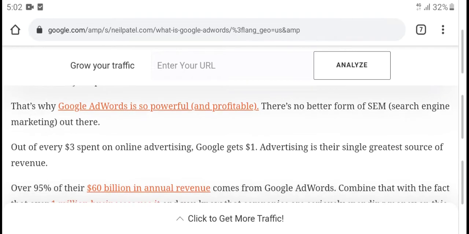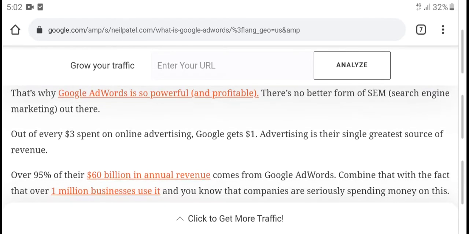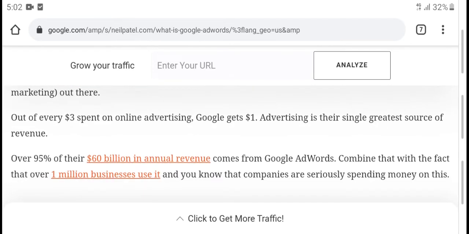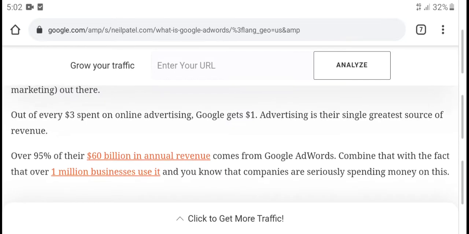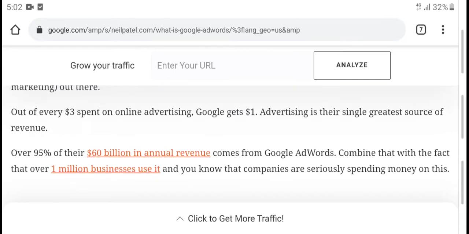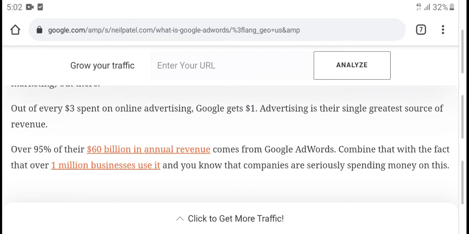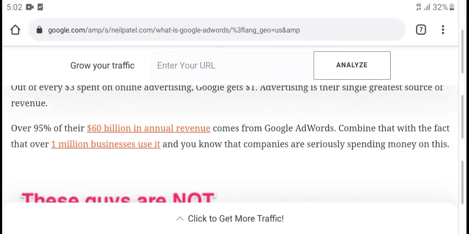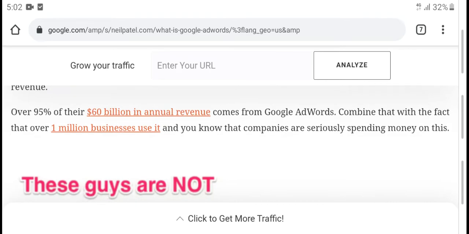This is better for SEM, search engine marketing, out there: out of every $3 spent on advertisement, Google gets one. Advertisement is the single largest source of revenue, over 95%.